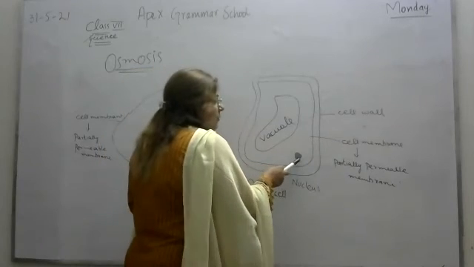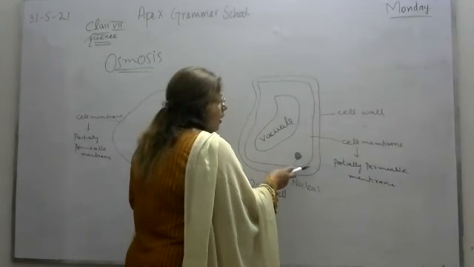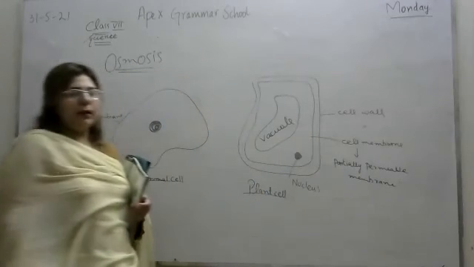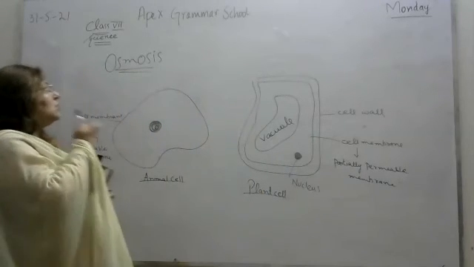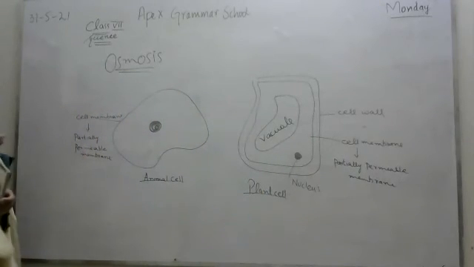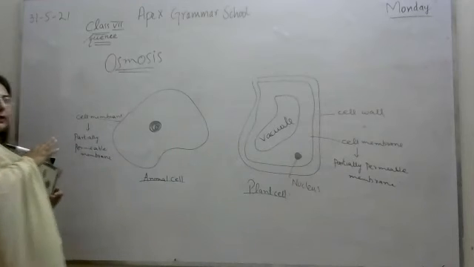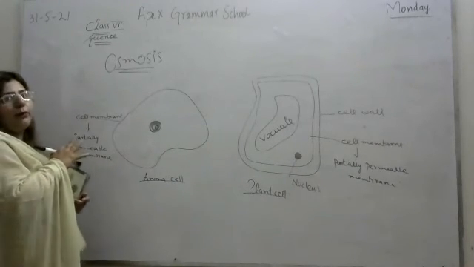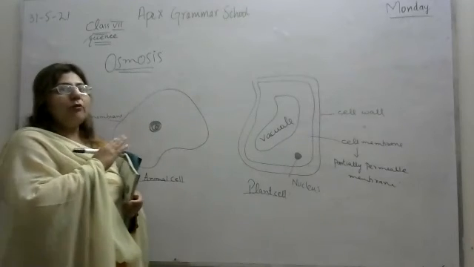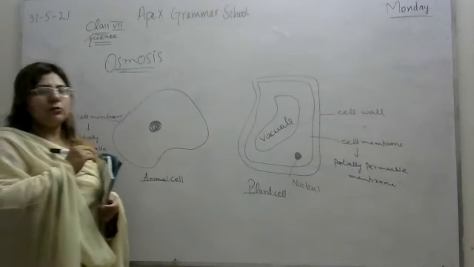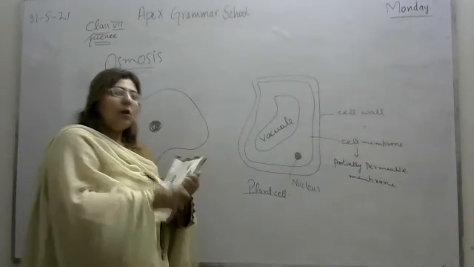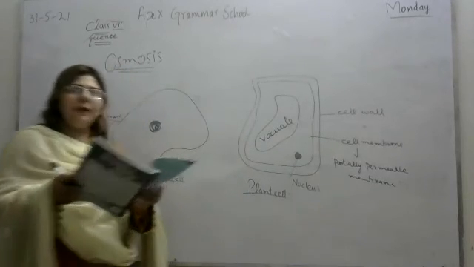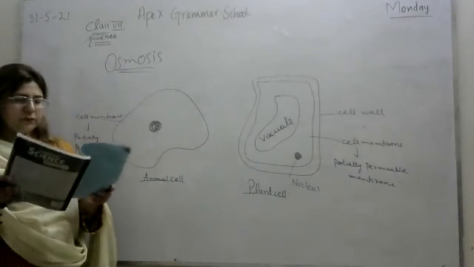So the particles which are not necessary can go outside the plant cell and other particles can enter it. This confirms that the partially permeable membrane is an important part of animal cells and plant cells, and it works with the help of a process of diffusion which is called osmosis. I hope you understood today's lecture, page number 22.